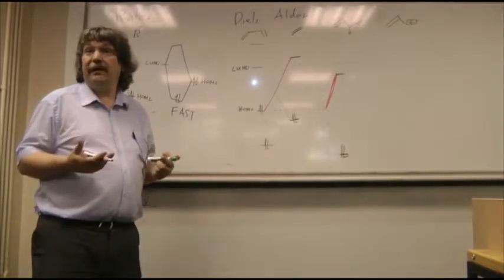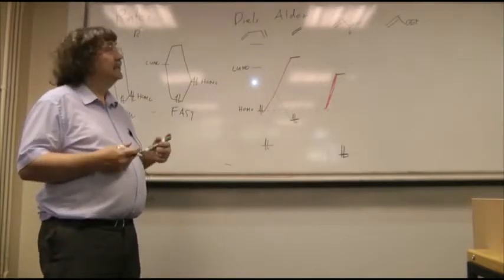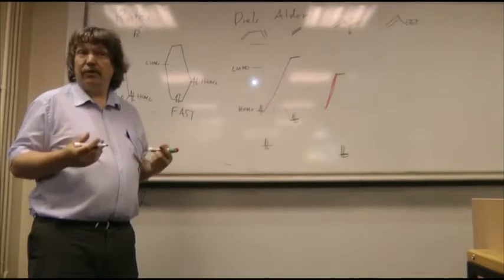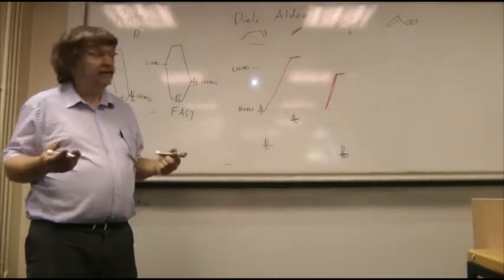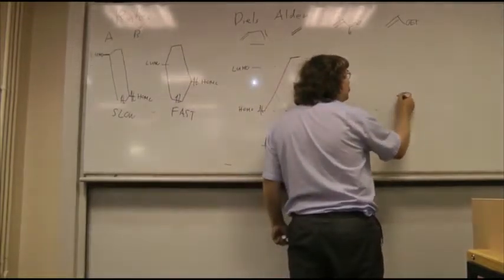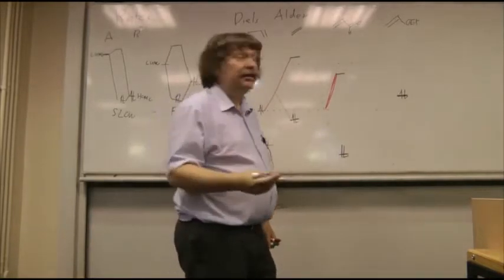You've got the oxygen lone pair donating electron density into the pi system. So it's nucleophilic. Something that's nucleophilic must have a high HOMO. That's what being a nucleophile means. So this is going to have a high HOMO. And as it turns out, it also has a very high LUMO.